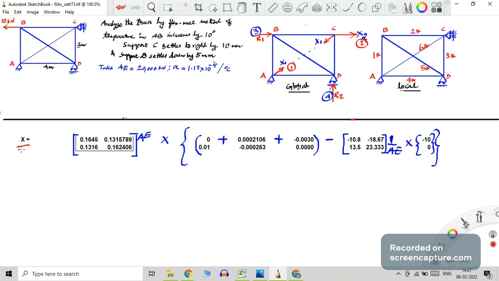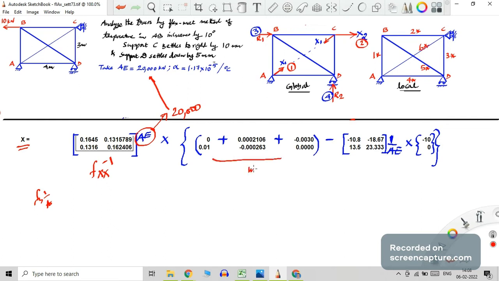Same thing, x equal to, this is fxx inverse. Okay, I have directly taken the inverse, and in fxx we had 1 by ae, so ae will come up. This ae has to be substituted as this value 20,000, because otherwise you have a mix up of quantities.